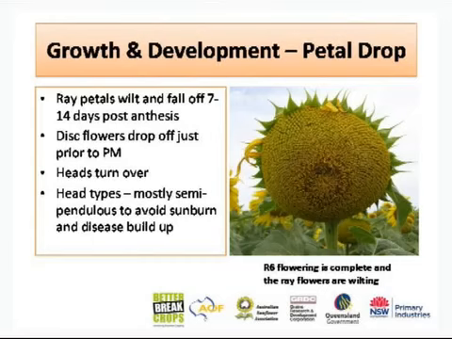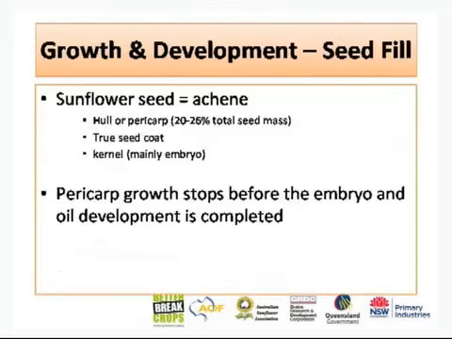So heads that will face more upright and hold directly towards the sun have the risk of being burnt, particularly along the top of the head, which will mean empty hulls and no kernels. As those heads start to develop though, and we end up with not just a hull but also a kernel in the centre, the weight of that seed developing will start to pull the heads further down, and so they'll face further down towards the ground as the heads fill.